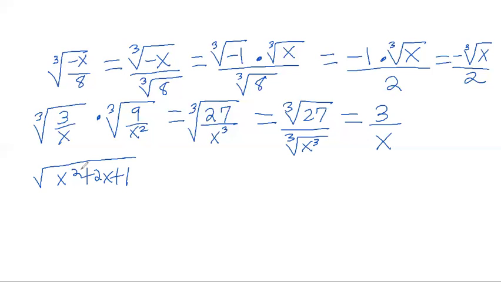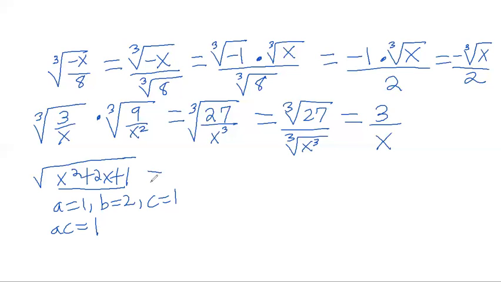Well, this is a trinomial, a quadratic expression to be more particular. So the AC method: my A is 1, my B is 2, and my C is 1. So my AC value is 1 times 1, which is 1. I have to find two numbers that multiply to 1 and add up to my B value, which is 2. Well, that's just 1 and 1.